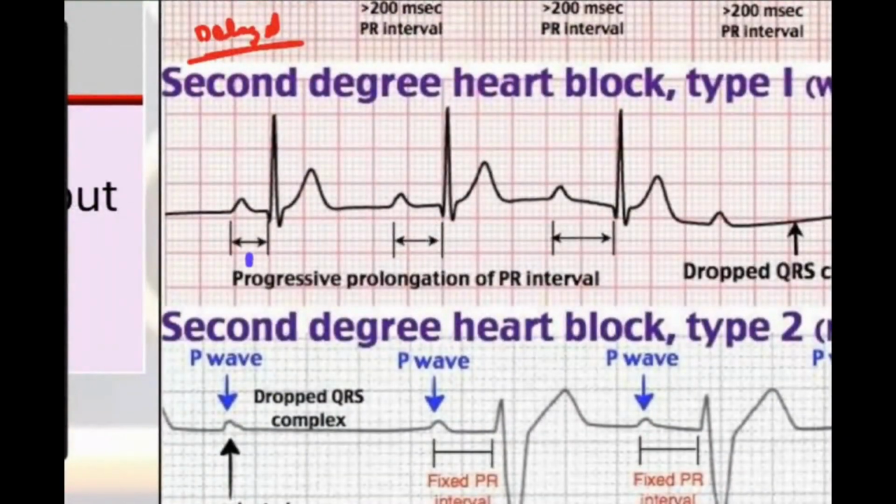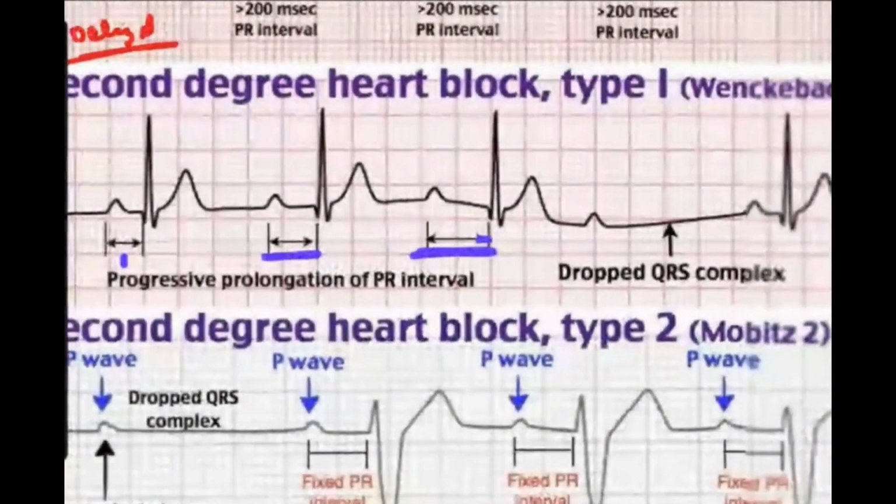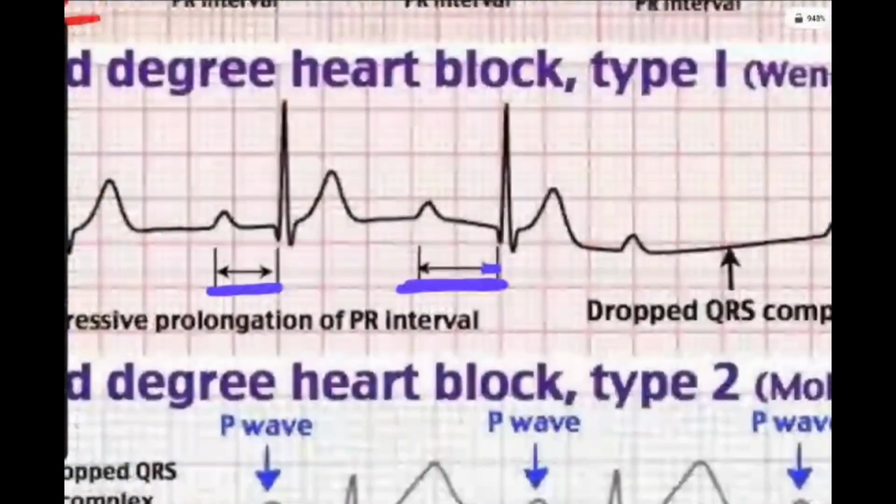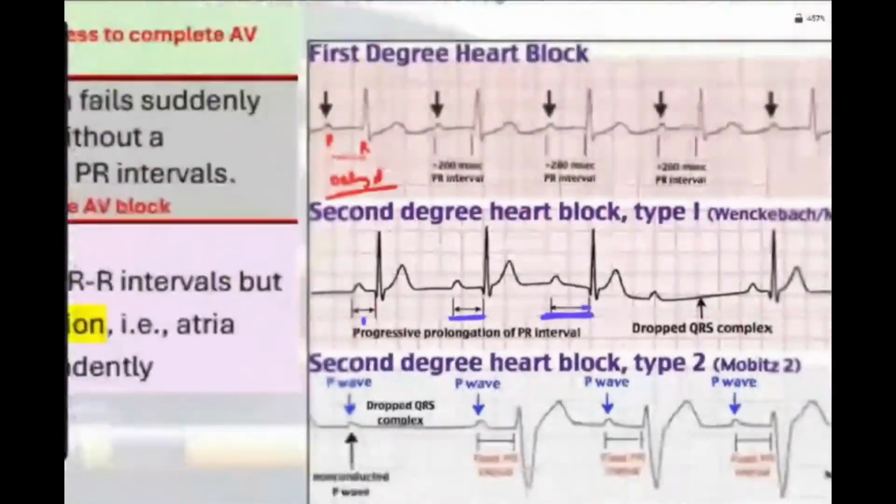Now you see it is progressively getting elongated. It is more than here. Until one P wave is not able to be followed by a QRS. Until there is no conduction. So this is known as type 1 block.